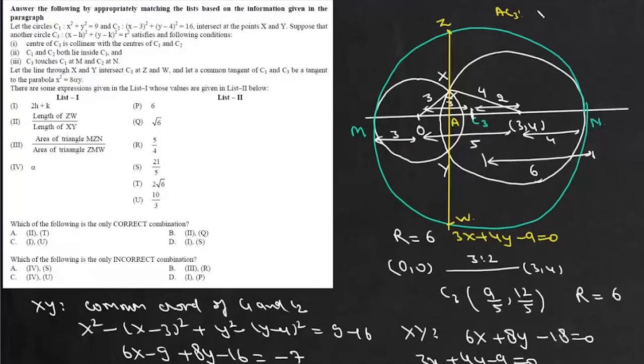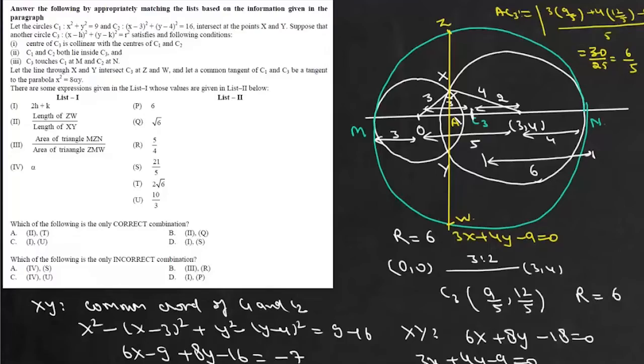So this AC3 will be 3 into 9 by 5 plus 4 into 12 by 5 minus 9 upon under root of a square plus b square, which is 5. Now this is 27 plus 48 minus 45, so there will be 30. 30 by 25, which is simply 6 by 5. So length of AC3 is 6 by 5.